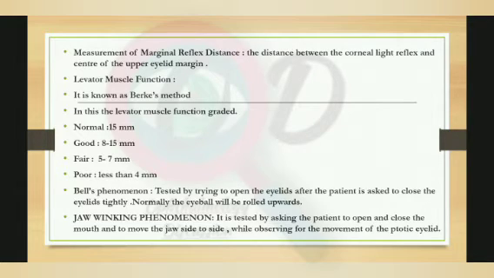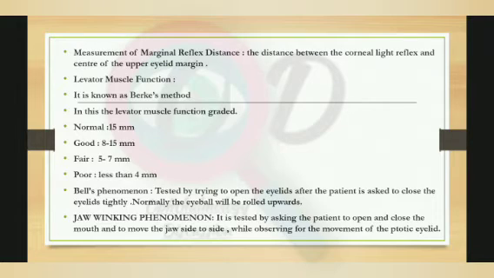If the patient is able to elevate his ptotic eyelid by 15 mm, then it is normal. If he is elevating about 8 to 15 mm, then it is good. If he is elevating 5 to 7 mm, then it is fair. If he is elevating less than 4 mm, then it is poor. And if there is no elevation, then no levator muscle function is there. So it is also known as Berke's method.